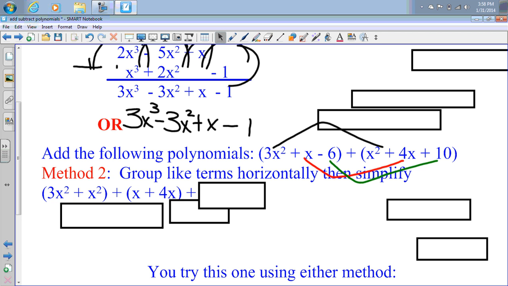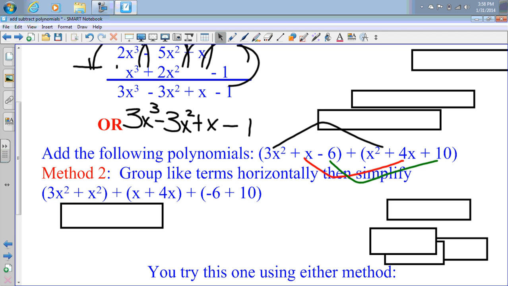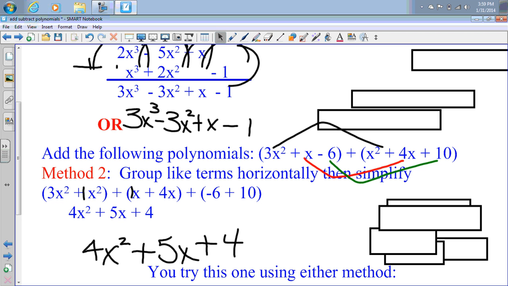We have x plus 4x. And we have negative 6 plus 10. So 3x squared plus 1x squared makes 4x squared. 1x plus 4x makes 5x. Negative 6 plus 10 is 4. Is that what they got? Yes, ma'am, and yes, sir.